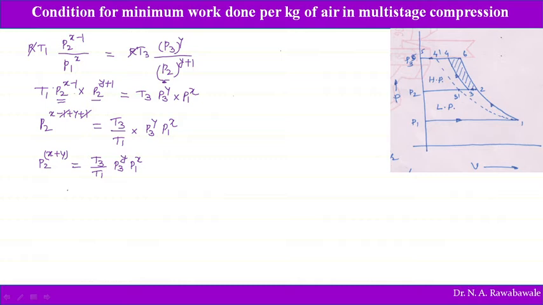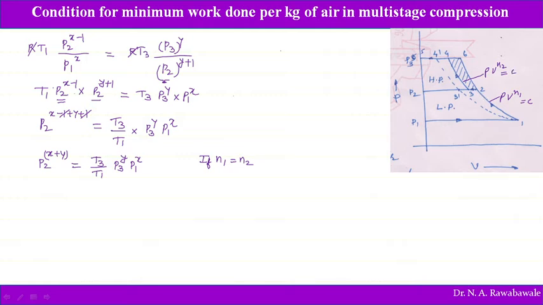Now if we assume that the polytropic index n1 is equal to n2, polytropic index here PV to the power of n1 is equal to constant, and here PV to the power of n2 is equal to constant.